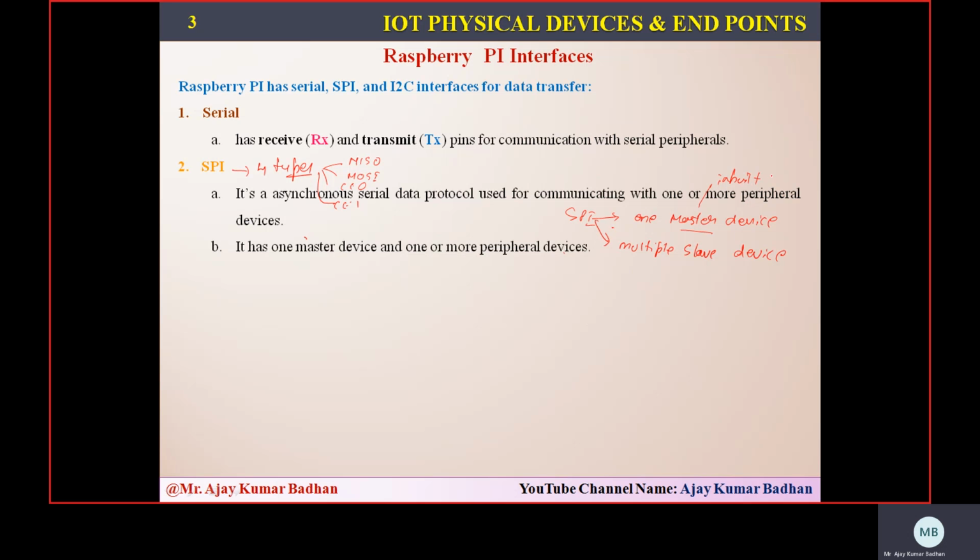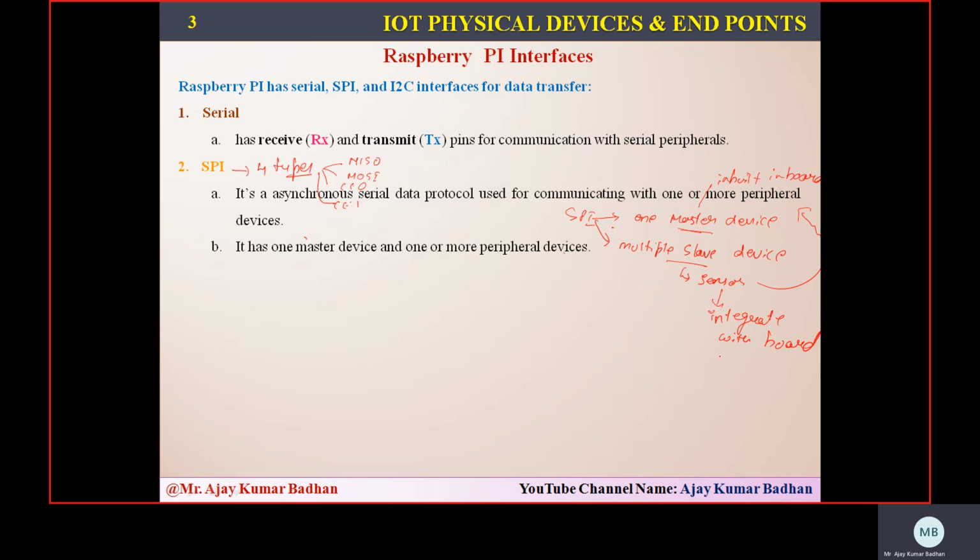Whereas the multiple slaves are the sensors which we have connected to this device. Master means the one who will be transmitting the data, slave is the one who will receive the data. These are the sensors which we are going to integrate with the board.